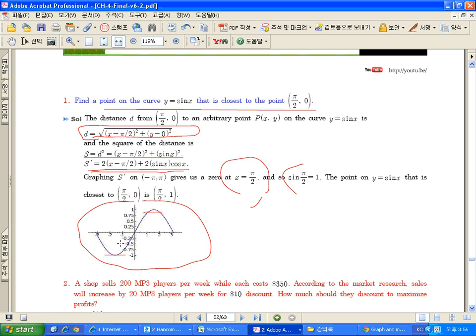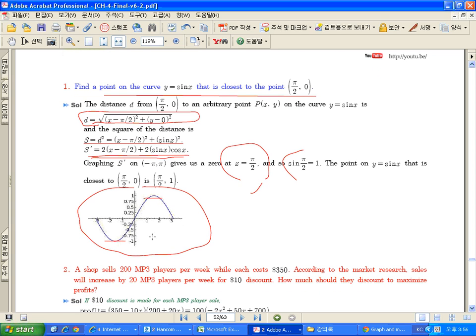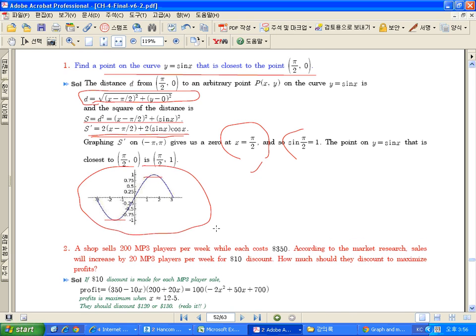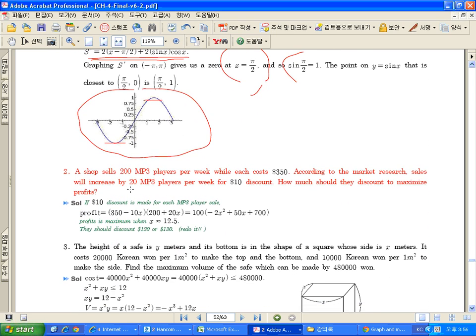This is the first derivative, and then you can easily find the critical points that give us the optimal solutions.